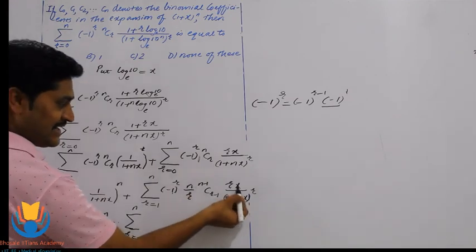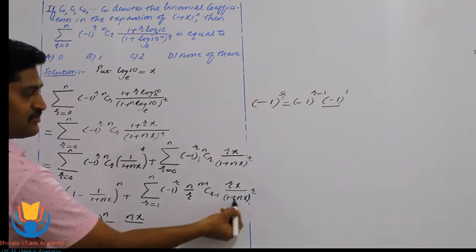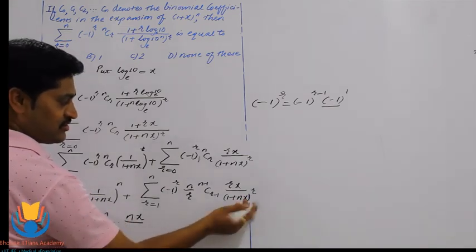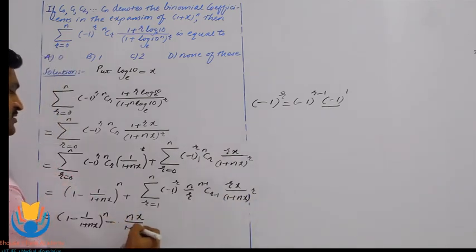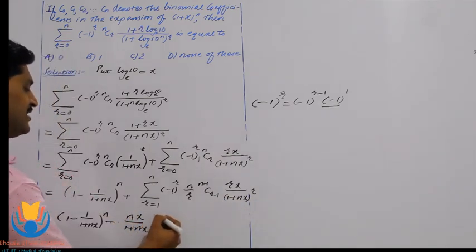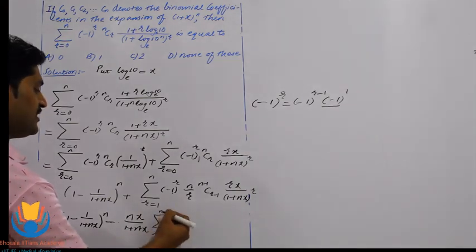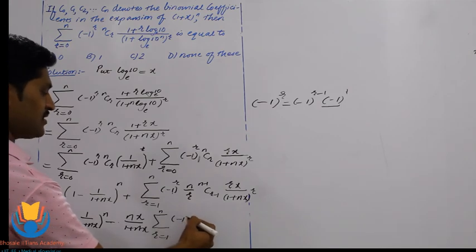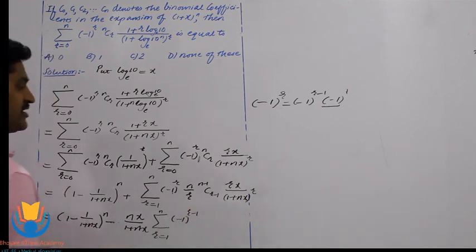We can take this nx outside. And second thing, 1 plus nx raised to r, out of those two 1 plus nx I am going to get one 1 plus nx outside intentionally. So again r is from 1 to n. So minus 1 raised to will become r minus 1, as one minus 1 I have taken outside.